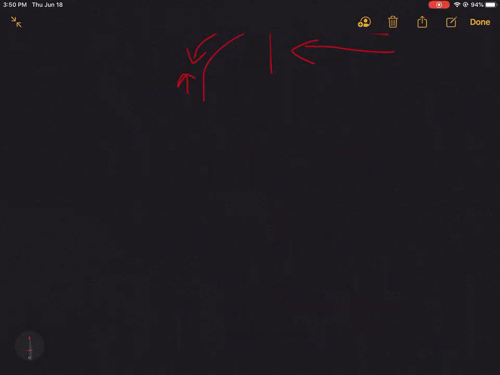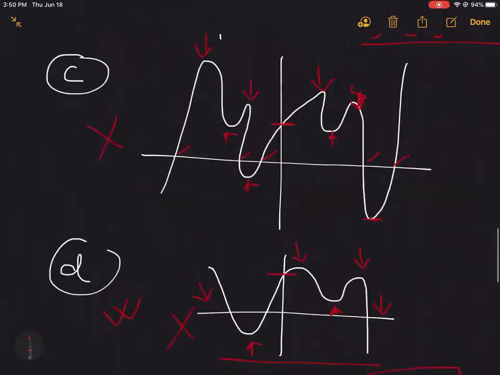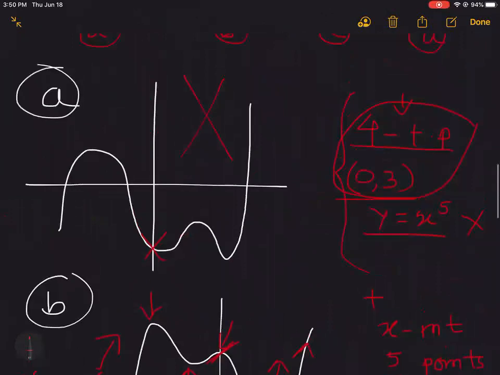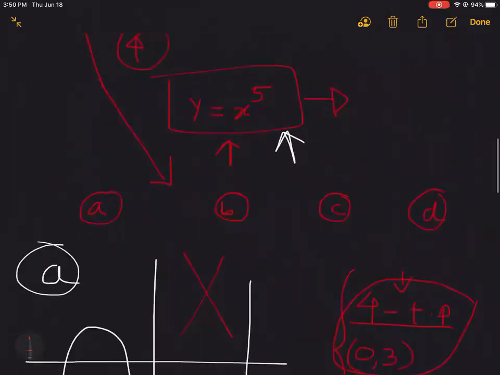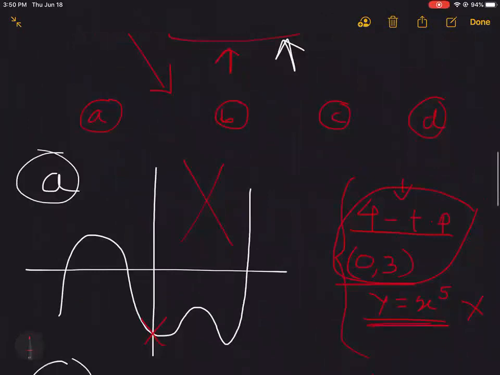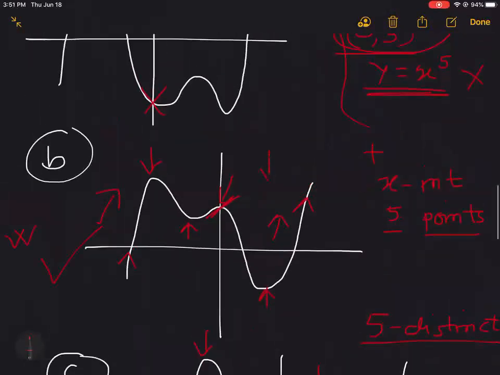Why are we eliminating D? Well, as we said, the graph of this polynomial behaves like y equals x to the 5, and y equals x to the 5 looks like this. It's quite similar to this. That's why we eliminated this.